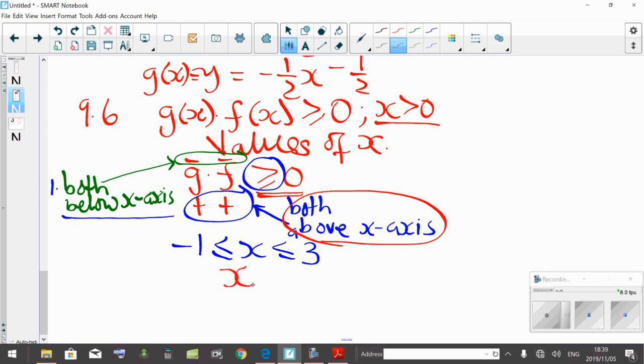So the second scenario would give us x less than or equal to -1. Those are the two cases.